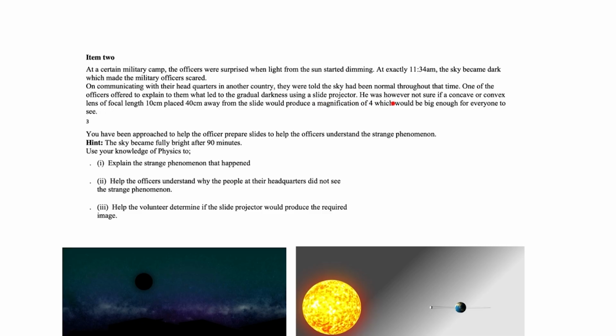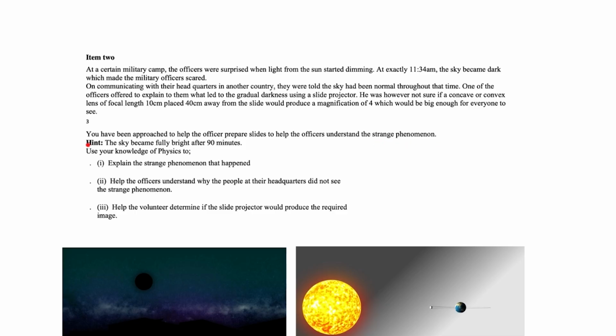He was, however, not sure if a concave or convex lens of focal length 10 placed 40 centimeters away from the slide would produce a magnification of 4, which would be big enough for everyone to see. You have been approached to help the officer prepare slides, to help the officers understand the strange phenomenon.